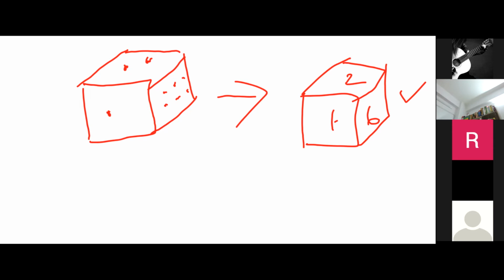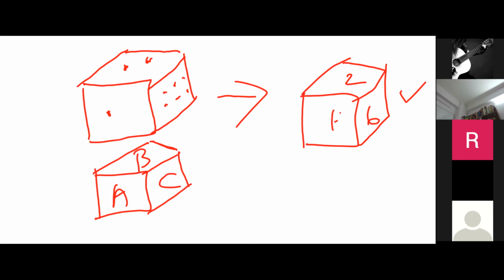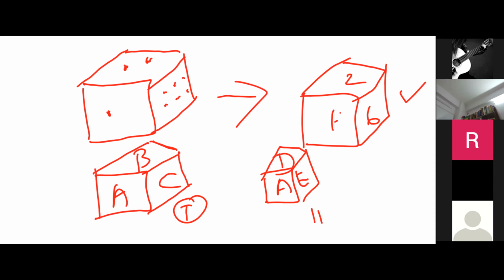Not only with numbers, you can expect dice questions with alphabets also. A, B, C is dice number 1. Dice number 2. What is the opposite side of C over here?